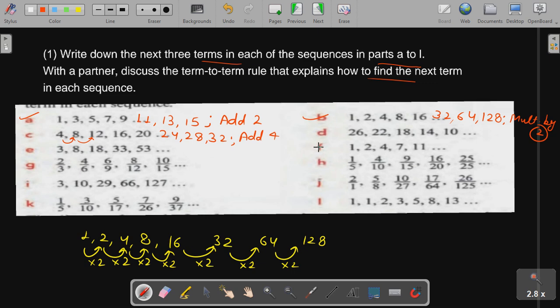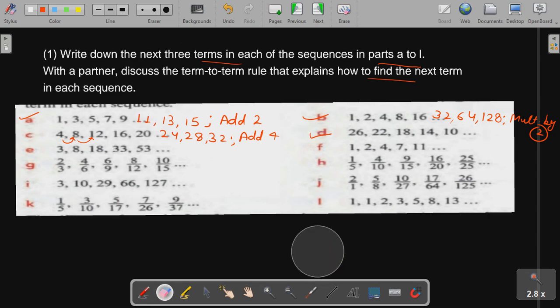The rule is add 4. The next option you do by yourself, and you can see that we have to subtract 4: 26 minus 4 is 22, 22 minus 4. Okay, so you write the next three terms by yourself.